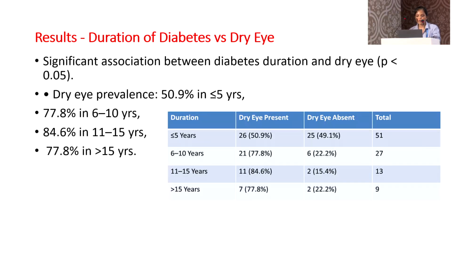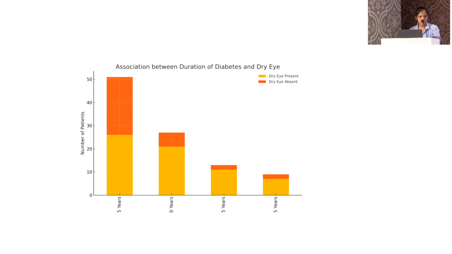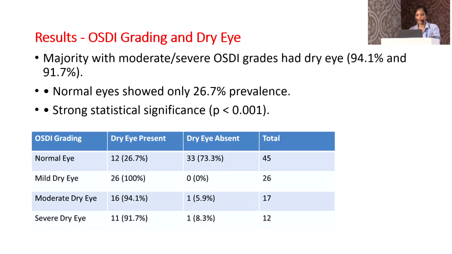This is the graphical representation between age and duration of dry eye. In OSDI grading and dry eye, the majority with moderate to severe OSDI grade had dry eye: 94.2%, 91%, 91.7%.